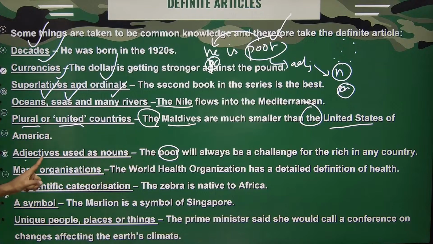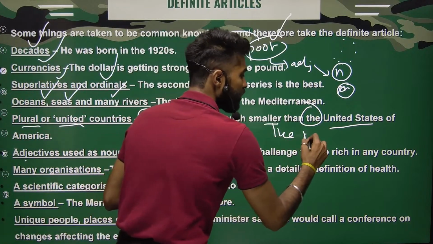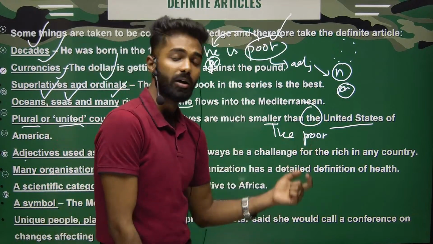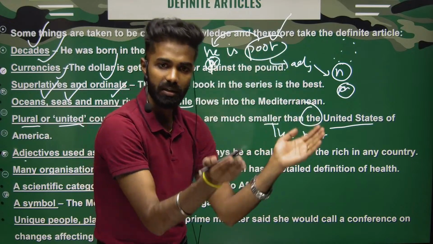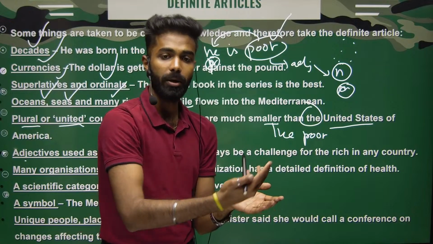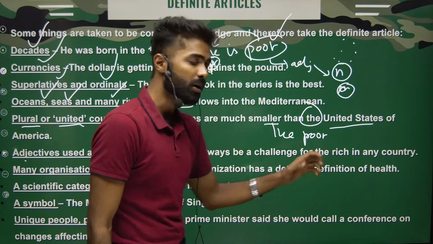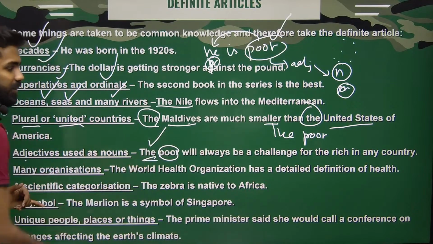But if an adjective is used as a noun, like "the poor in India are suffering", here the poor in India means I'm categorizing a particular section of people as poor. So automatically the adjective is acting like a noun. Any adjective which is used as a noun will always take a definite article.